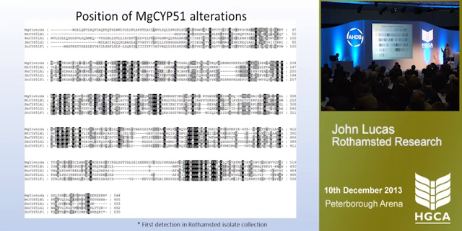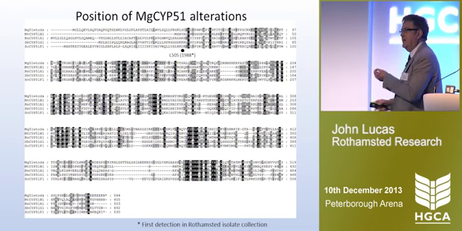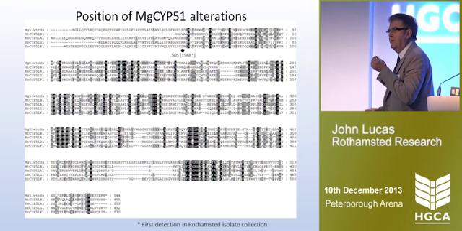Now, we know that what's happened over time with this protein is that there's been changes taking place. And in the first instance, there was a change at this position in the molecule, and this slide will become somewhat repetitive, I have to say, but I've put it in for a reason, which is to show that unlike the QOIs, where a single mutation compromised their efficacy, what's happened with the azoles is that there's been an accumulation of changes.